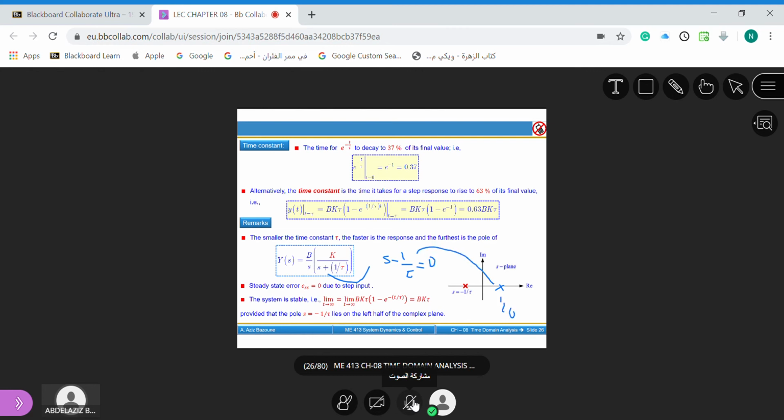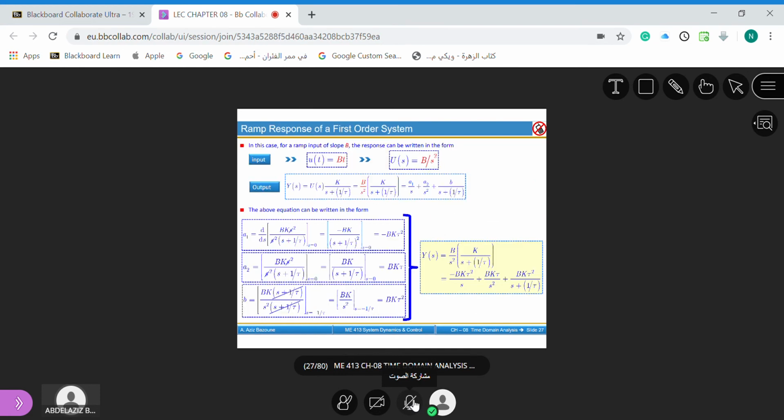This will give rise to exponential t over tau, which with time will increase like this. It will be increasing, it will be unstable. So provided s equal to -1 over tau lies in the left-hand side plane, on the negative side, we have a stable system with a finite value.